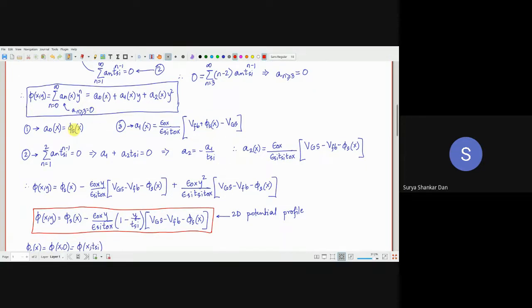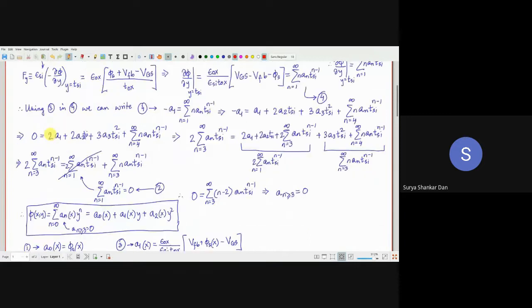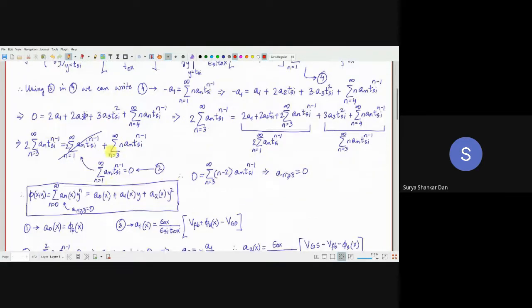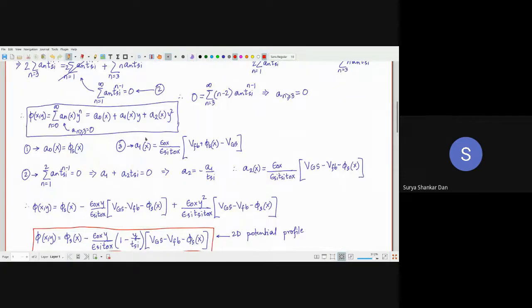Now let us look at equation number 2. What we did was expand it, because it was a sum from n equal to 1 to infinity, but we know that from n equal to 3 to infinity, the coefficients a3, a4, a5, a6 will all be zeros.